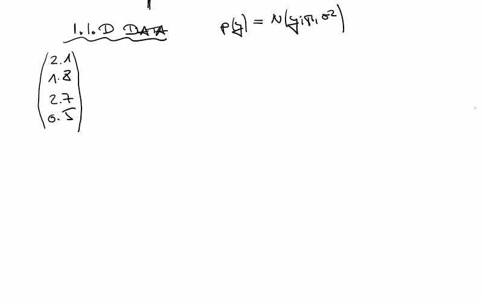The logic is as follows. You have these data points, and for each one you invent a random variable, which I'm calling y1, y2, y3, and y4. These are random variables.